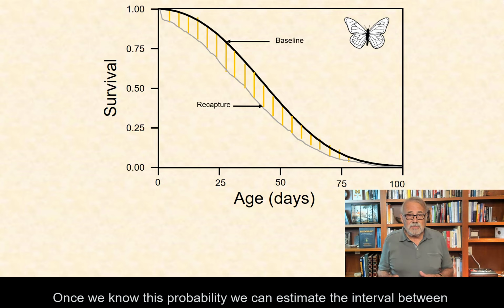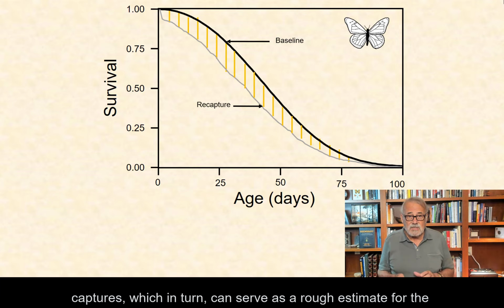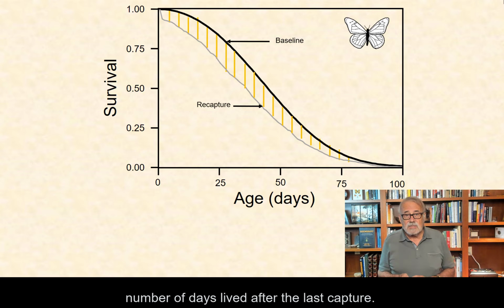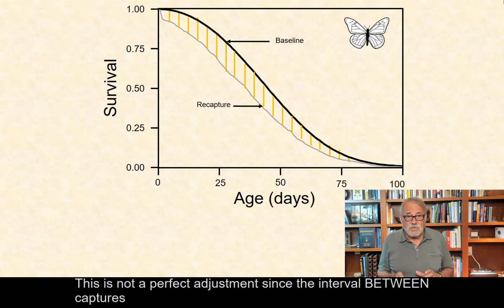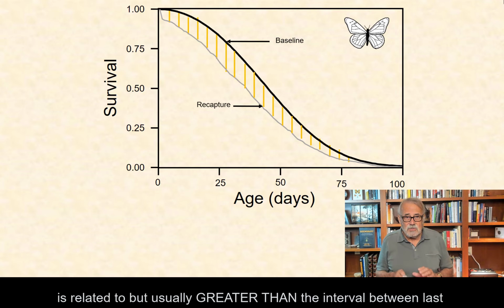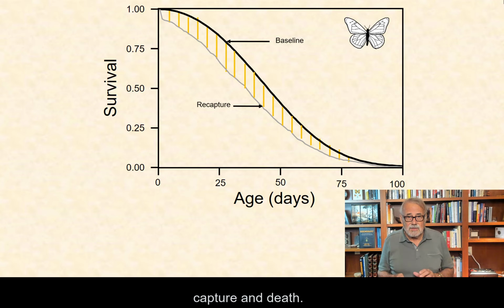Once we know this probability, we can estimate the interval between captures, which in turn can serve as a rough estimate for the number of days lived after the last capture. This is not a perfect adjustment, since the interval between captures is related to, but usually greater than, the interval between last capture and death.